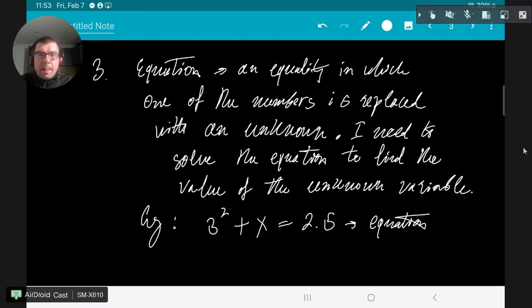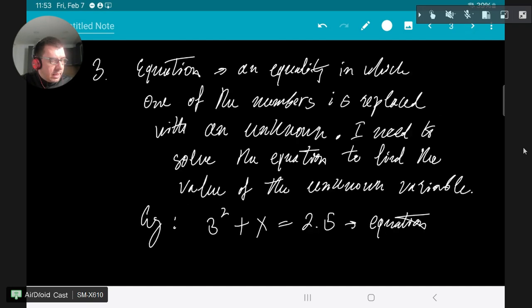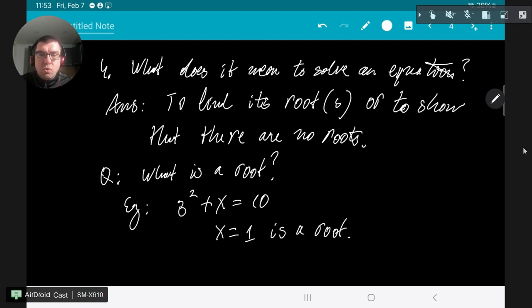Well, obviously, x should be equal to 1, right? As in my numerical example here, 3 to the power of 2 plus 1 equals 10, right? So I can conclude here that if I have 3 to the power of 2 plus x equals 10, x equals 1 is a root. The root means it's a solution.